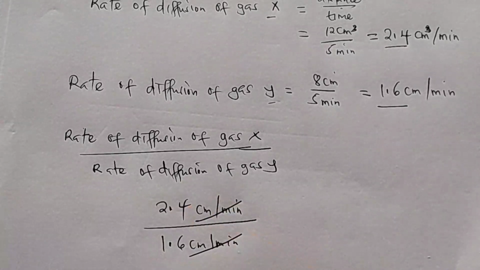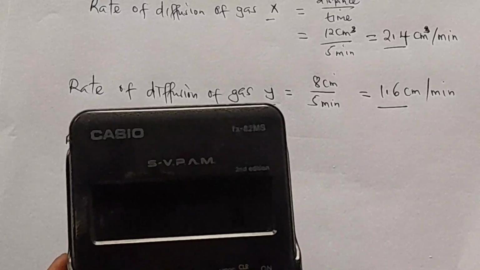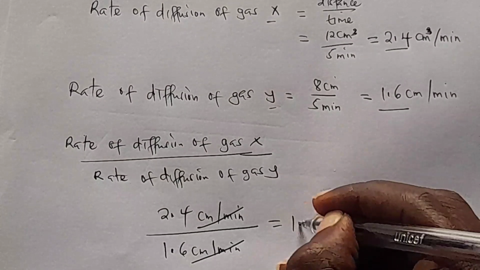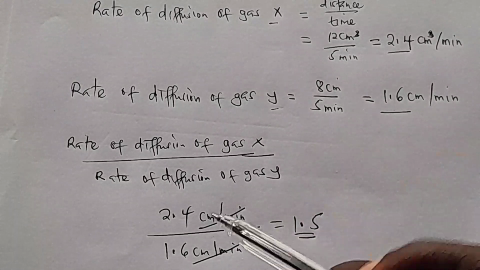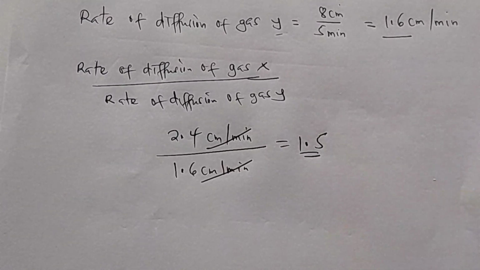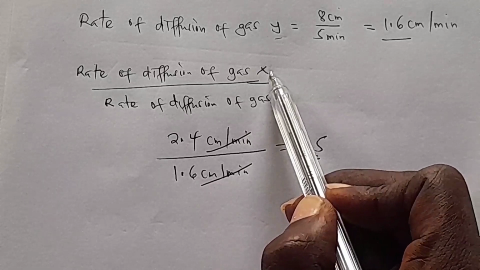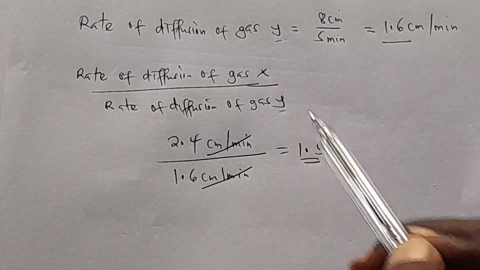So what are we going to get when we take 2.4 divided by 1.6? We are going to get 1.5. This one has no unit because centimeter per minute has gone with centimeter per minute. So what does this mean? This means gas X diffuses faster than gas Y by 1.5.